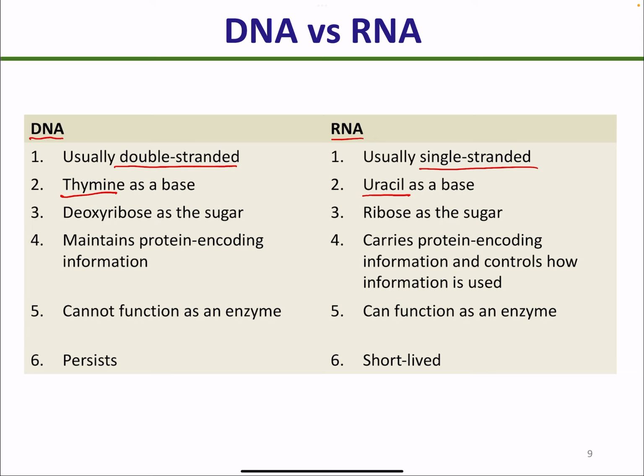Then, in terms of the 5-carbon sugar, for DNA we have deoxyribose, while for RNA we have ribose. And DNA is going to maintain the protein encoding information, while RNA carries protein encoding information and controls how the information is used. All right?